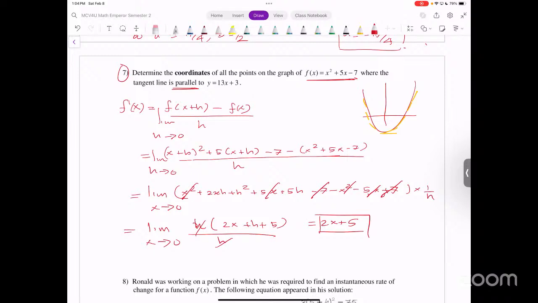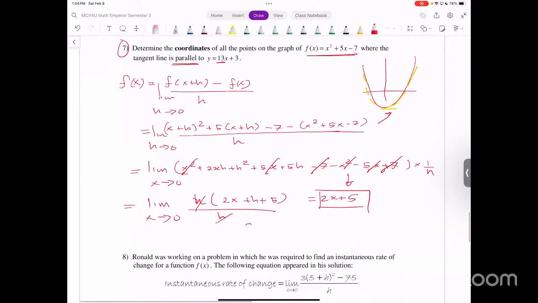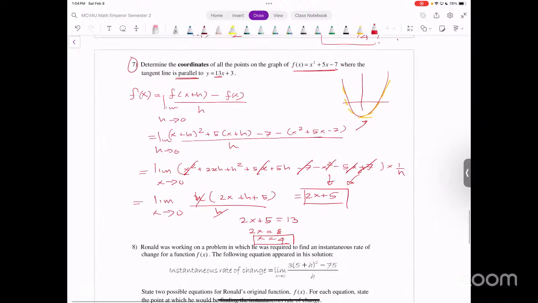Now they're saying one particular line is parallel to this. So 2x plus 5 is supposed to be 13. Parallel means the same slope, and this is the expression for the slope. 2x is equal to 8, so x must be 4.